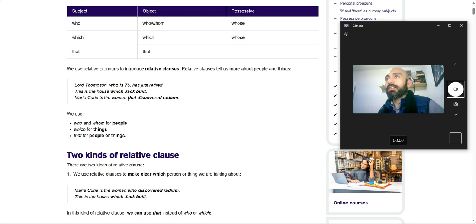Also, there are some specific instances where it might get confusing because that, as I told you, can talk about people and things. Sometimes when you're talking about two things at the same time, or a person and a thing, it may get confusing. So it really helps to have who and which to set them apart and to know that we're talking about the person and we're not talking about the object, or the other way around.